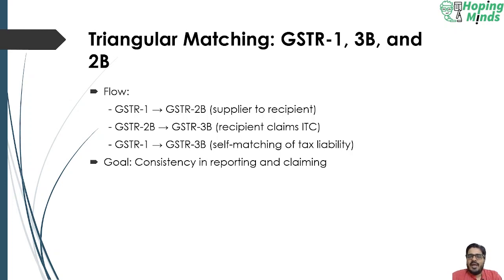So an ideal example will be, we have filed rupees 10 lakh as outward supplies in GSTR-1 return. This 10 lakh must appear as taxable value in the GSTR-3B return. Then we have rupees 2 lakhs as input tax credit in our GSTR-2B return and claim rupees 2 lakhs as input tax credit in the GSTR-3B return.